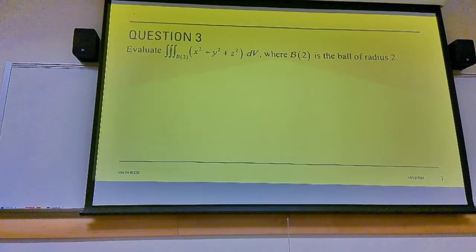So we're going to integrate x squared plus y squared plus z squared over the ball of radius 2. Get used to that notation. You see it a lot in physics. I think they use B sub n for ball of radius n.